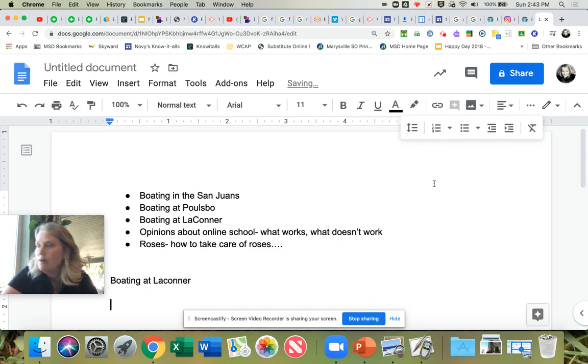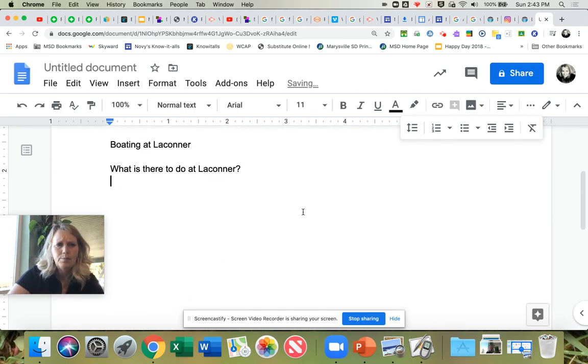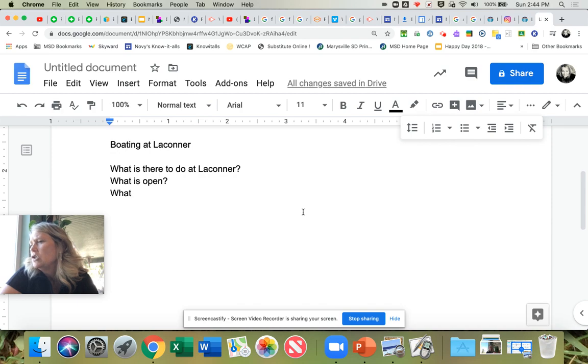And then I'm just going to jot down a few thoughts. And mine's going to be more questions because this is going to be a research piece. So one of my questions is, what is there to do at La Conner? Let me move my paper up so you can see it. I'm also kind of wondering, like, what is open? What is close by? How do the docks look?